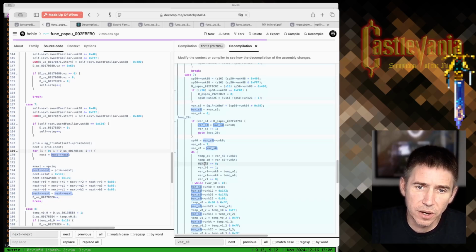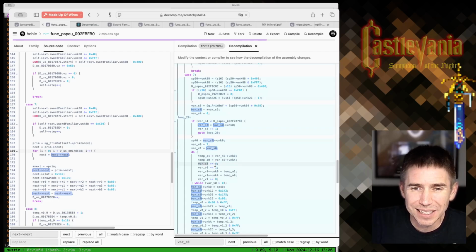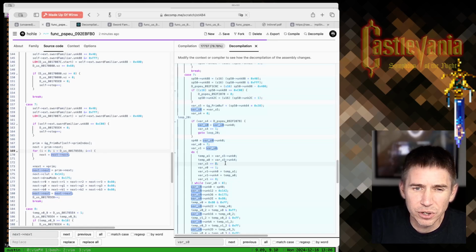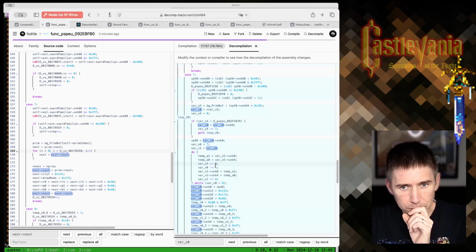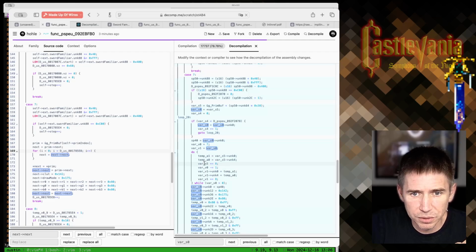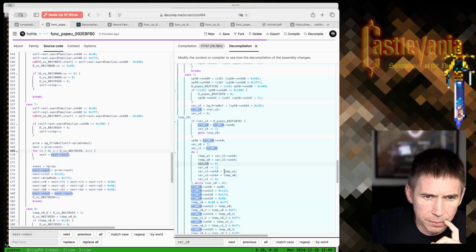M2C is the decompiler, and it often doesn't understand sizes of things. So when it's doing plus equals 8 for pointer arithmetic, usually that's saying we're looking at pointers. So it should just be moving over 2 pointer values. But this is not a pointer.